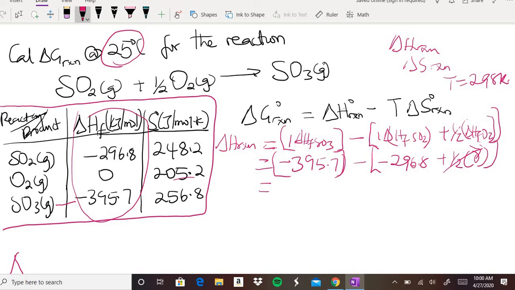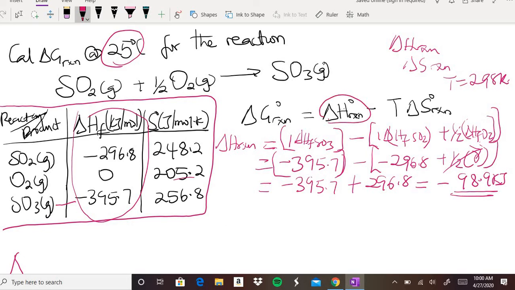So we have negative 395.7 plus 296.8, and that gives us negative 98.9 kilojoules. That is our heat of reaction.